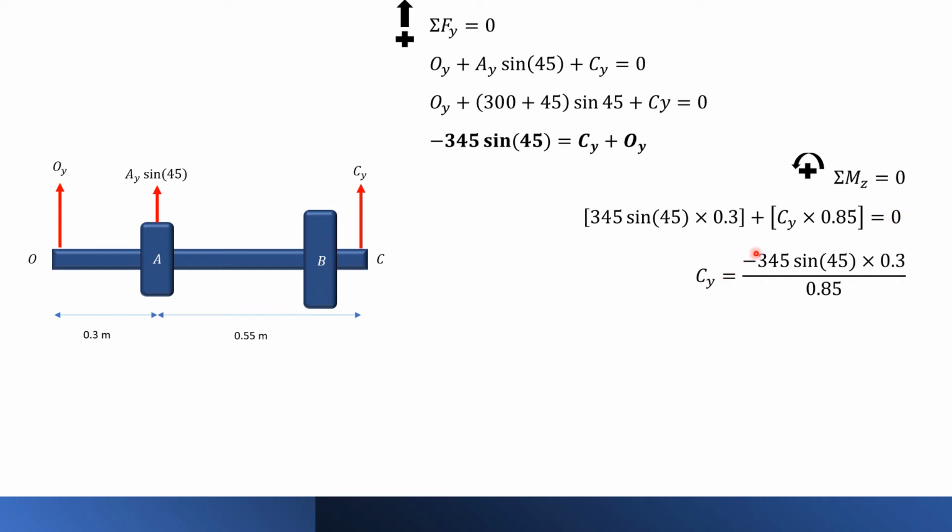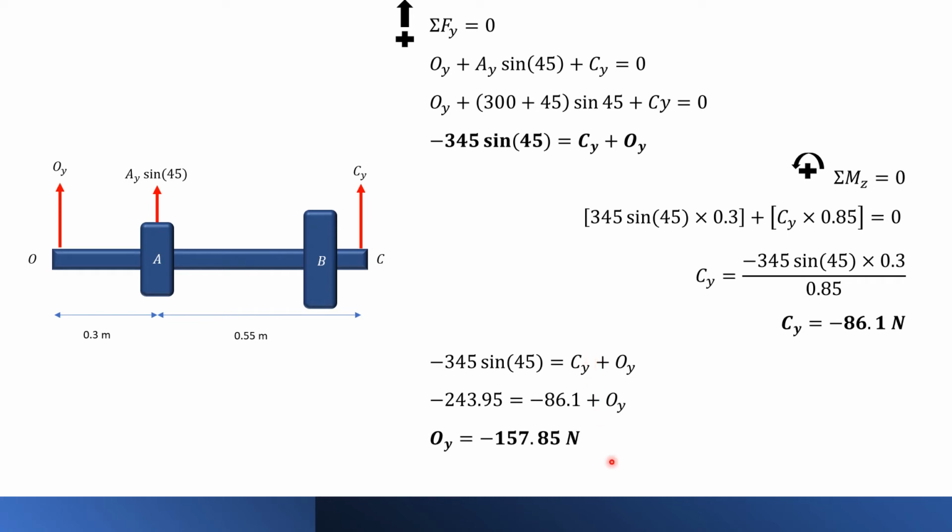We simplify the equation and obtain the value of Cy as minus 486.1 Newton. Then we go back to the equation above to obtain Oy. We know the other values, so we can simply find Oy. Oy is minus 157.85 Newton.